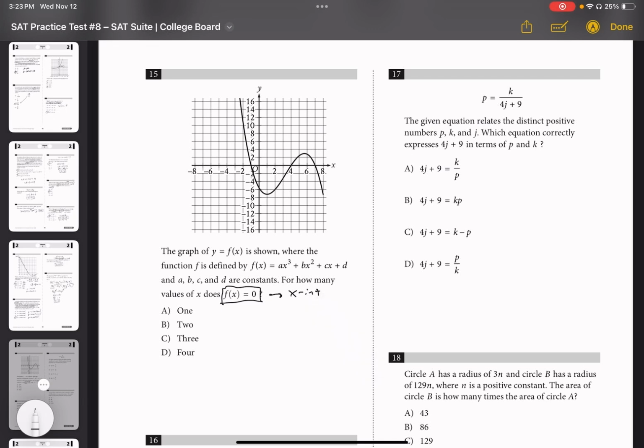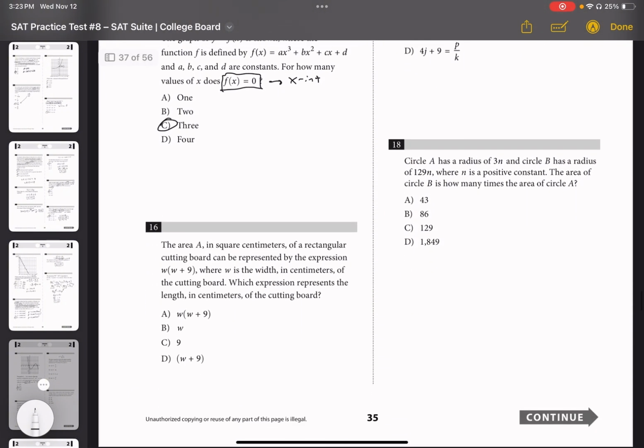So that's when we cross the x-axis. So here we have 1, here we have 2, here we have 3. So for how many values of x? 3 values of x. Our f of x is equal to 0.